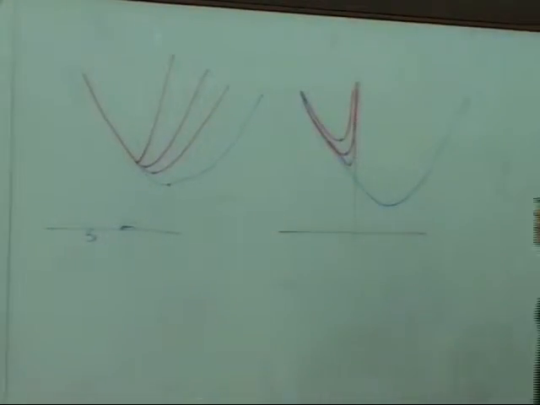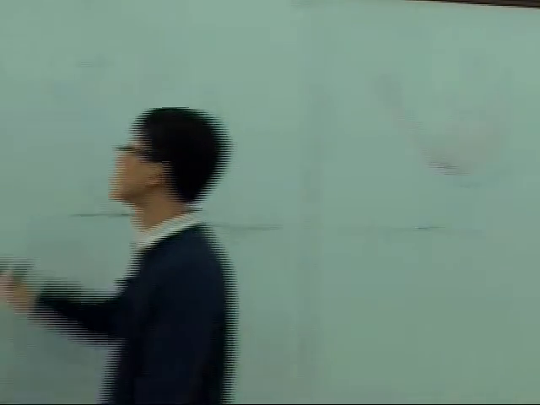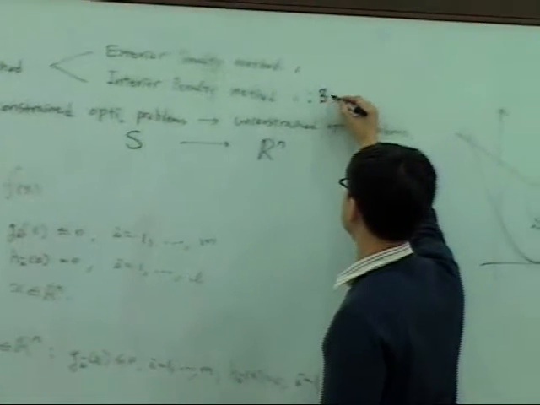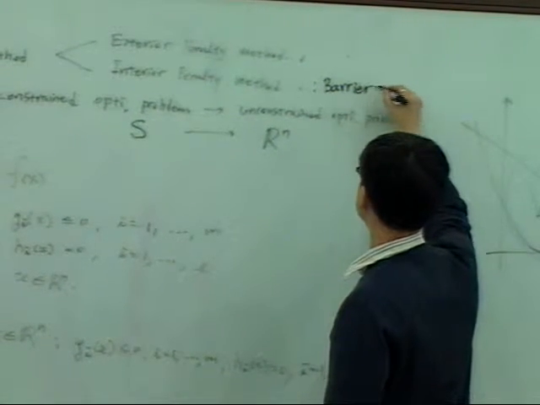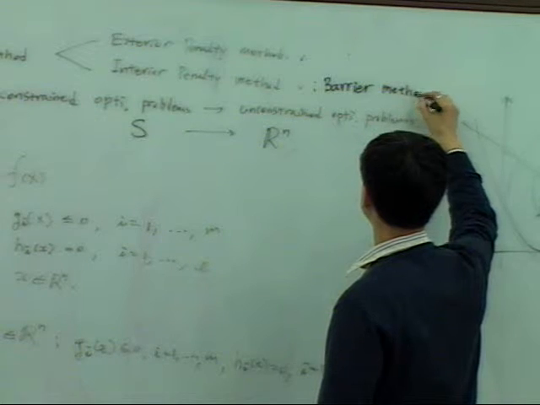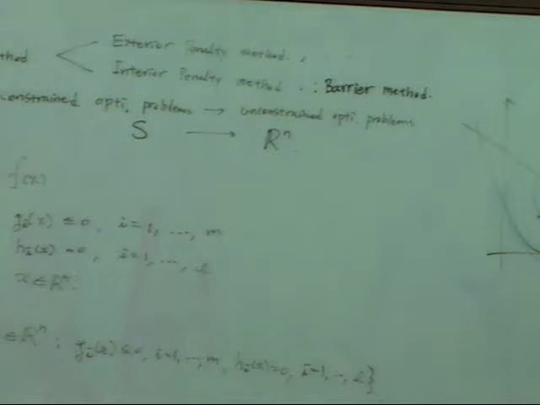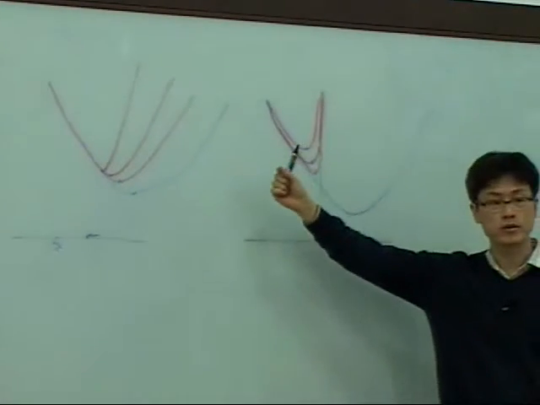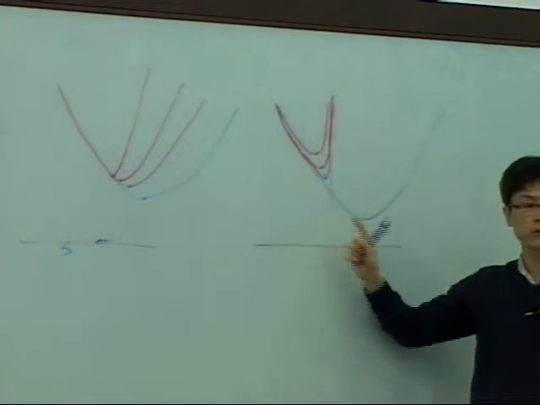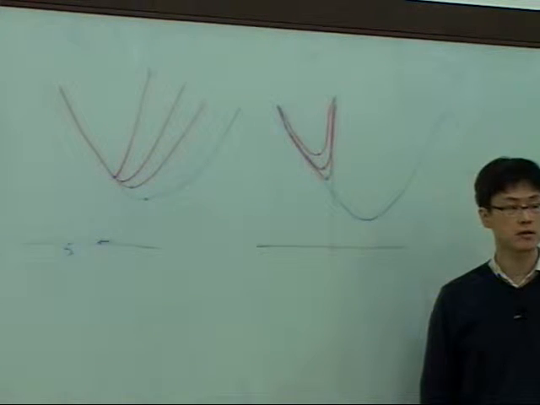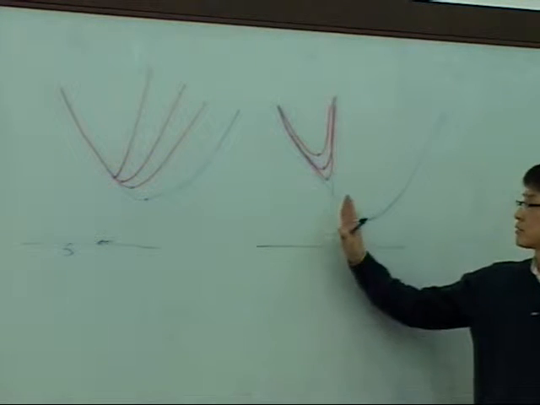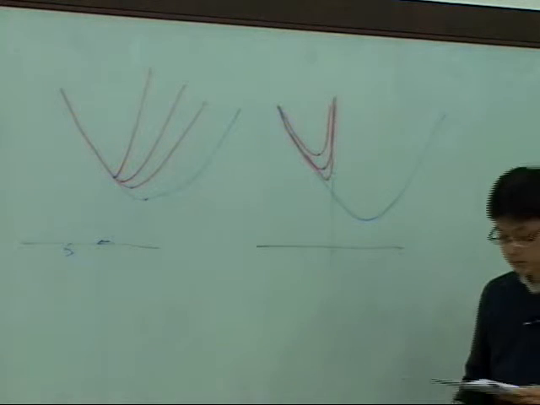And somebody calls this a barrier method, because we put a very severe barrier which prevents our point from approaching the boundaries of our feasible region. So that's the barrier.